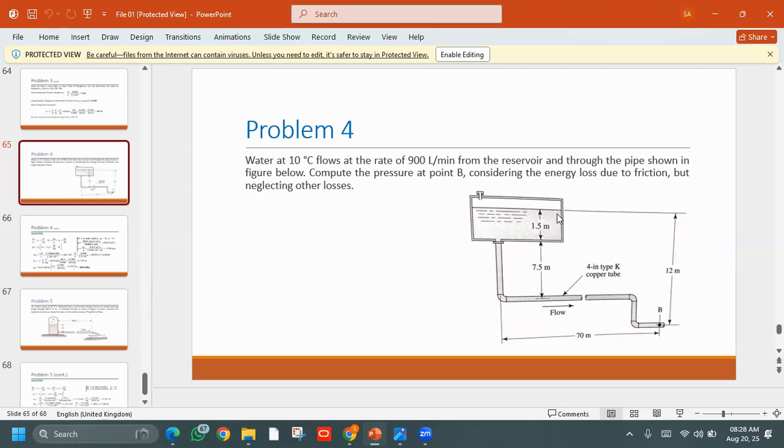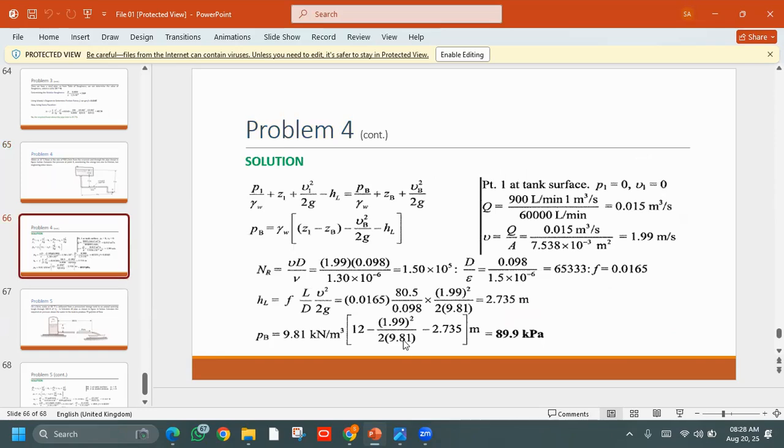So 12 minus 9 equals 3 meters. So the value of this vertical pipe equals 3 meters. So the total length of that pipe will be equal to 70 plus 3 plus 7.5 equals 80.5. So that's how we have the length of pipe equal to 80.5 meters.